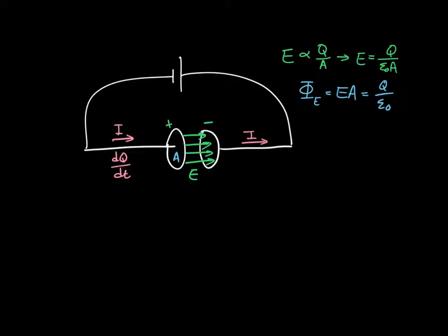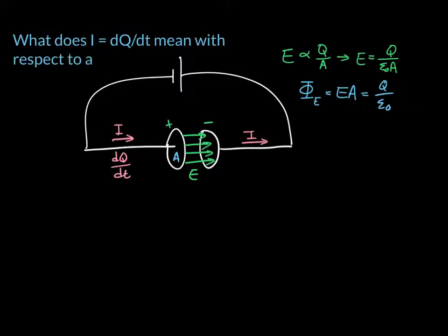So the question that we're aiming at answering here: what does I equals dQ per dt, the time rate of change of charge flow, mean with respect to a capacitor?